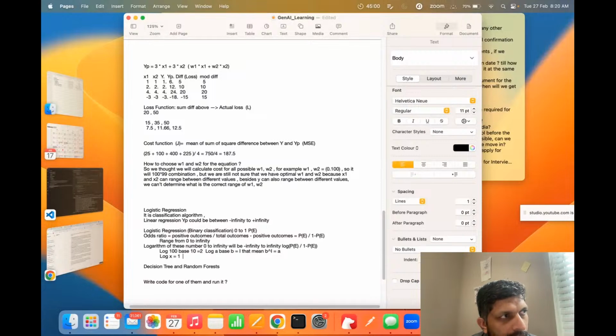Okay, when does the log value become 0? Not possible. Okay, when does it become 1? The log value of something becomes 1 when x is equal to the base, right?